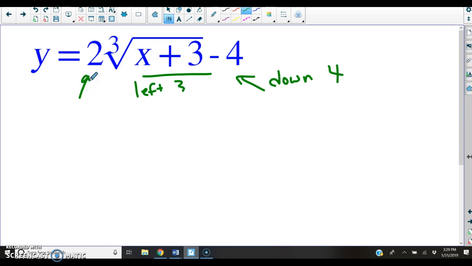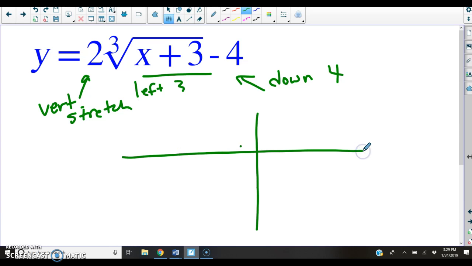Well, that is a vertical stretch because it's more than 1, so it's going to make it go faster. So left 3, down 4, and I'm going to have this side and this side. And again, I can practice with either Desmos graphing or make a table and go from there.